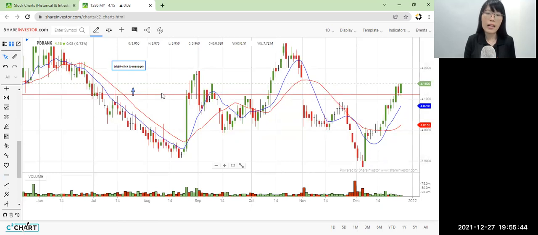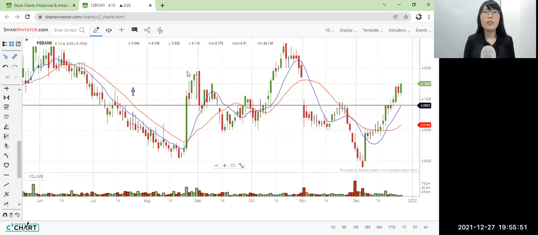You can draw some support or resistance lines here.